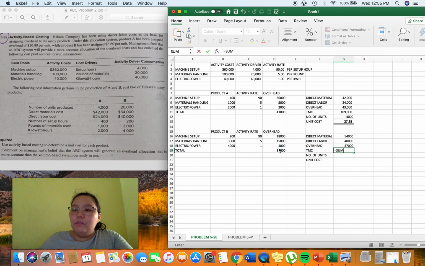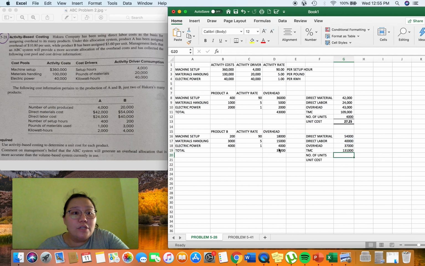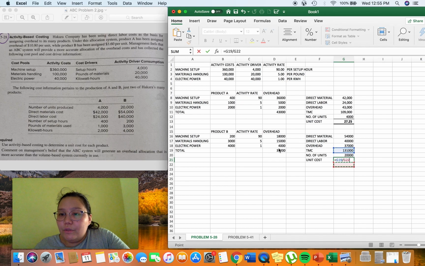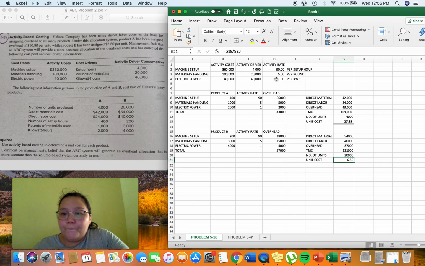So, our total manufacturing cost for product B is at 131,000 divided by the total number of units produced, which is equal to 20,000 units. So, the unit cost, 131,000 divided by 20,000 will get 6.55 per unit.